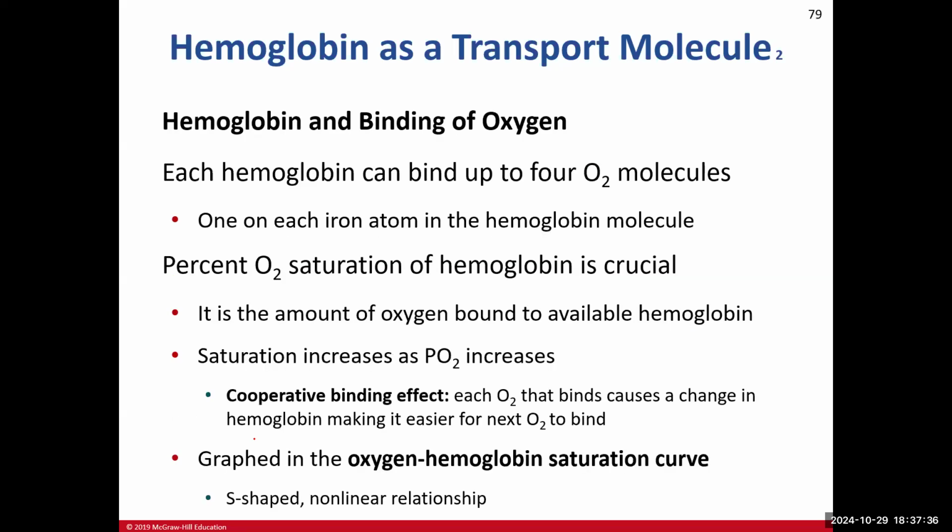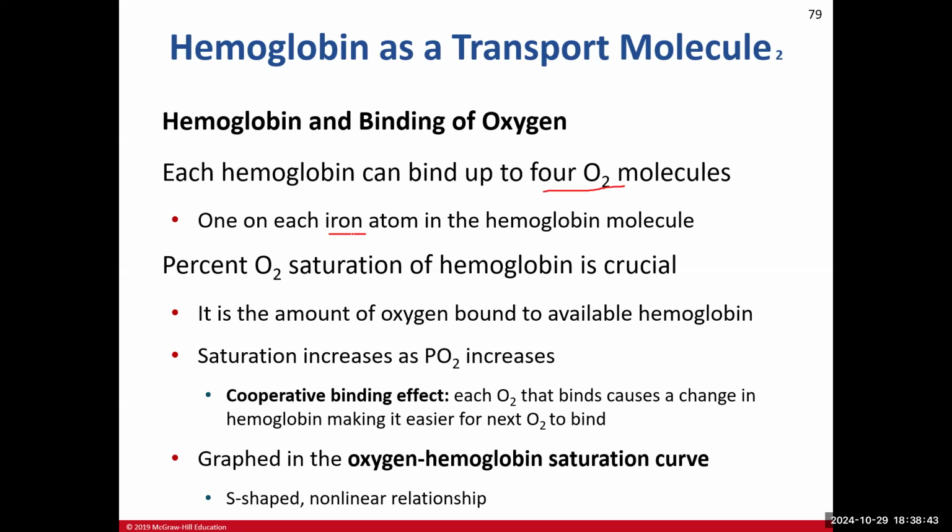So we'll discuss this. This brings me to, and I'm going to slow things down a little bit, this oxygen binding curve. We said one hemoglobin molecule can bind 4 oxygen molecules, and they attach to the iron portion.